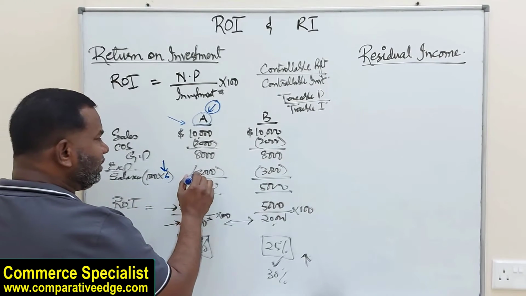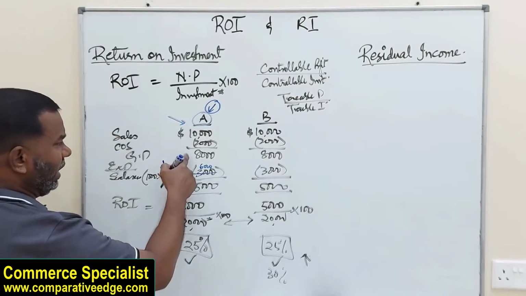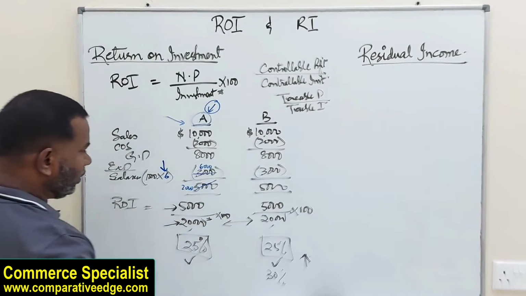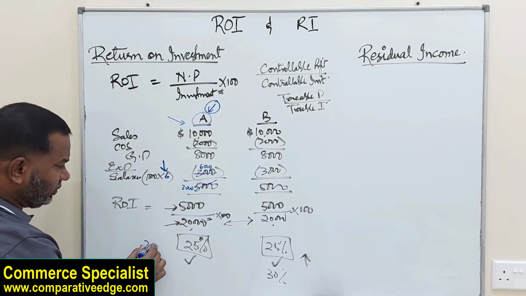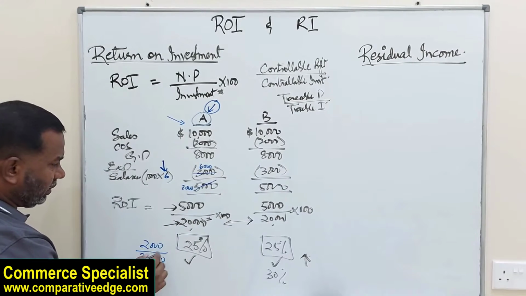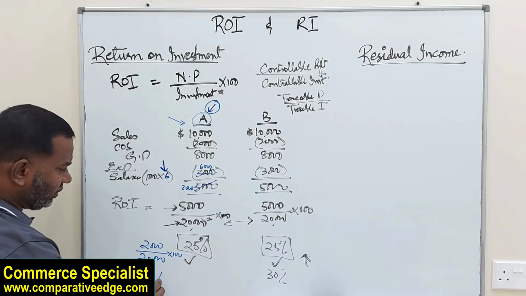As a result, this will become 6,000. And 8 minus 6, his profit will be 2,000. So when we calculate ROI, the profit is 2,000, the investment is 20,000. If you do it into 100, you will get 10%.